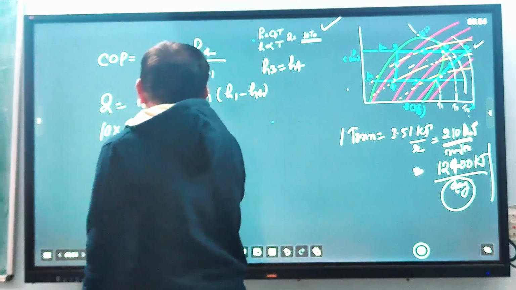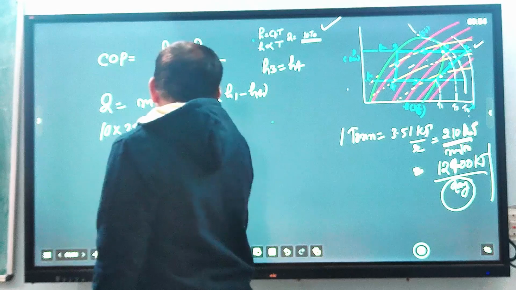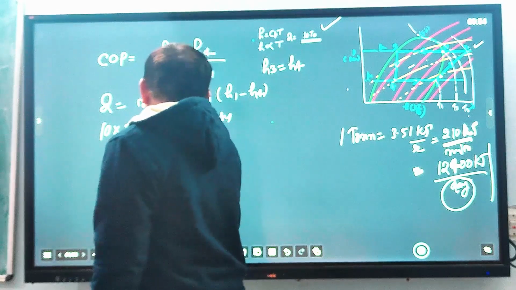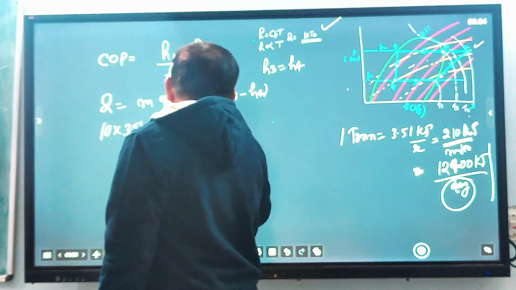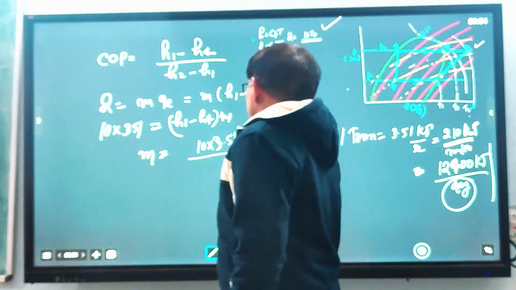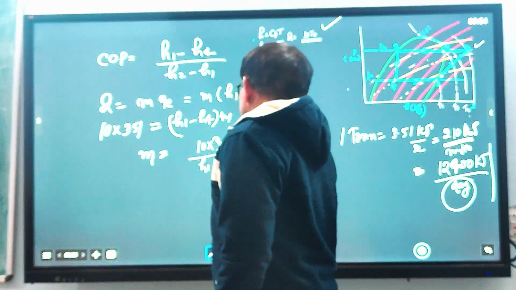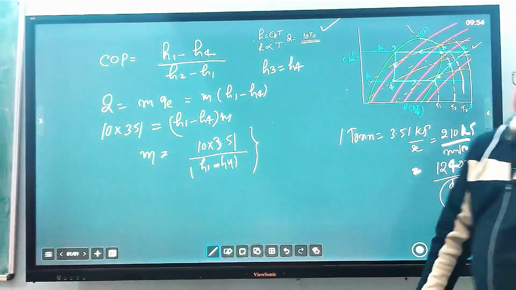QE equals (H1 minus H4) into M. So mass flow rate of the refrigerant equals 10 into 3.51 upon (H1 minus H4). From here you can find out the mass flow rate.